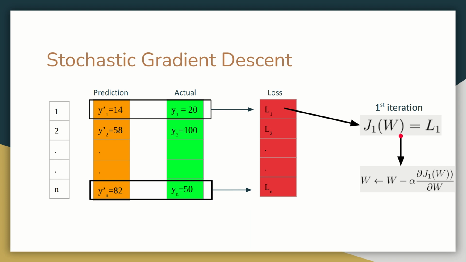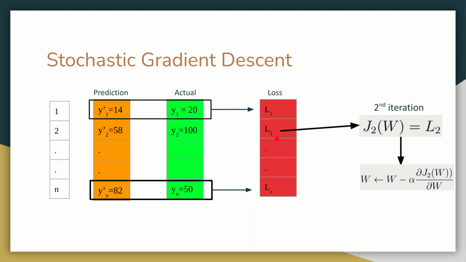Now we'll calculate the gradient of this cost function J1 with respect to our weights, and we'll update our weights accordingly. So this whole process of calculating the cost function and updating our weights using J1 is the first iteration in our training. In the second iteration, our cost function will be the loss L2. We'll calculate the gradient of our cost function J2 with respect to W, and then again we'll update our weights.